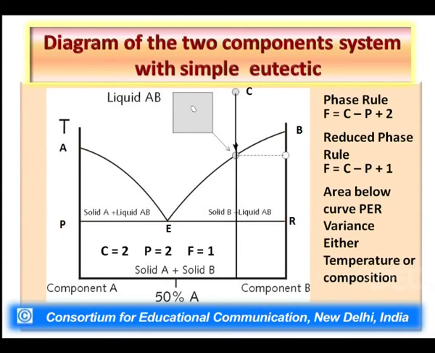It means you can only vary the temperature, the composition always remains the same. That is, the mole fraction of component A in the solid phase A is 1, and in solid phase B it is also 1. Similarly, at any point within the area above curve AEB, there is only the liquid phase, so 1 phase, 2 components. Therefore, 2 degrees of freedom: you can vary both temperature and composition.